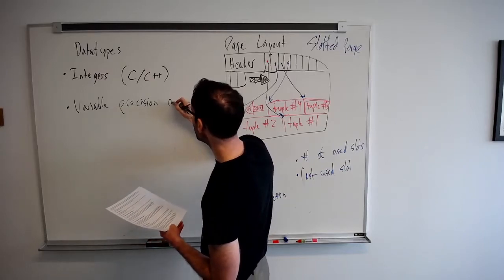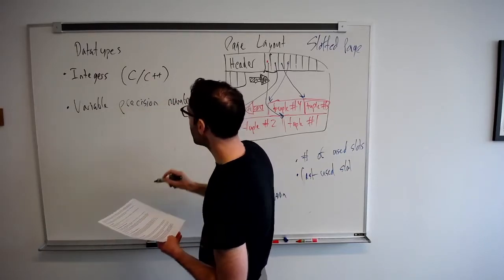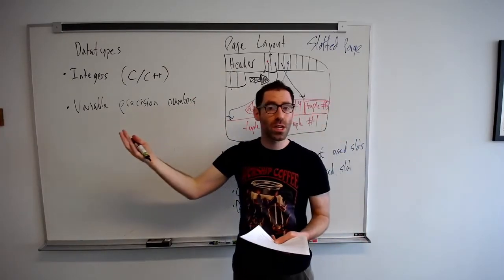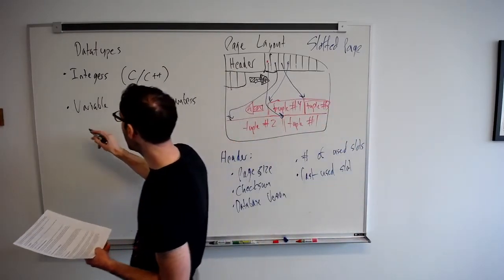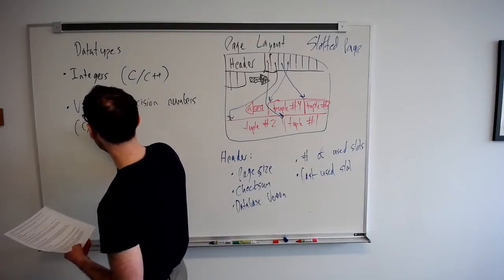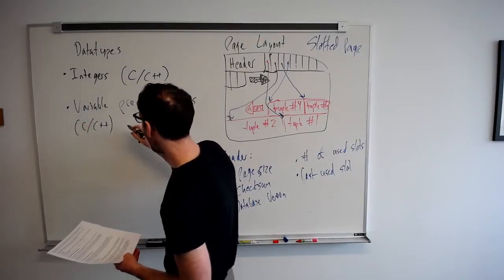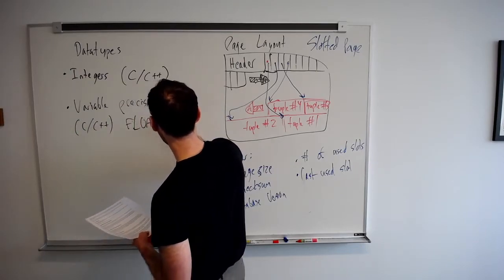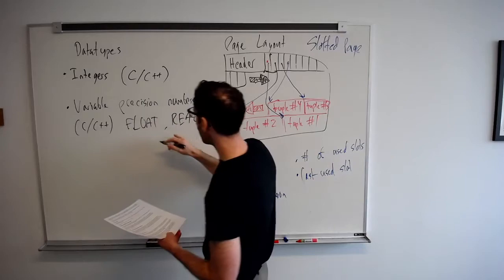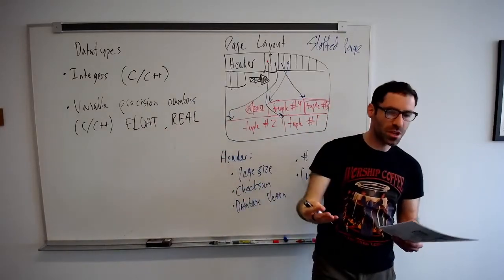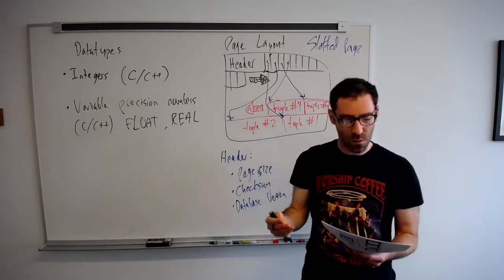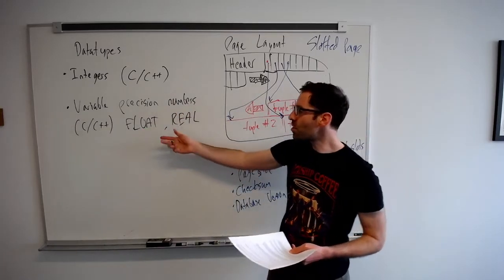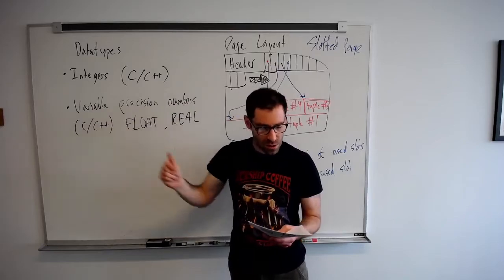We also would have variable precision numbers, and variable precision is another word for floating point. These are also the C or C++ float or real in SQL that are using the IEEE 754 floating point standard. The CPU has floating point instructions that work on these variable precision numbers.